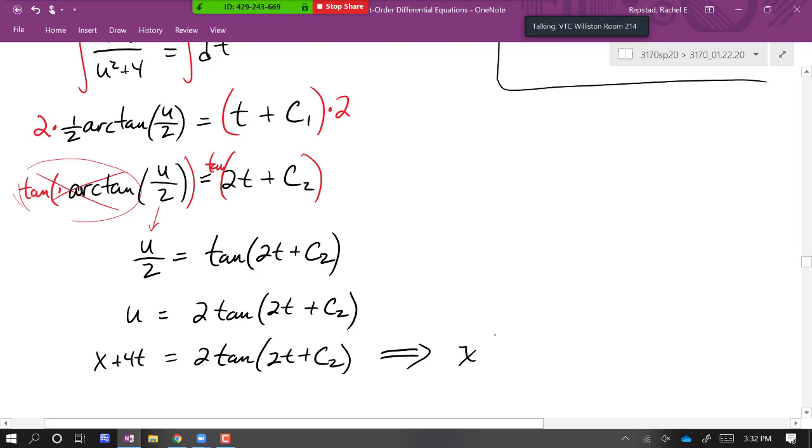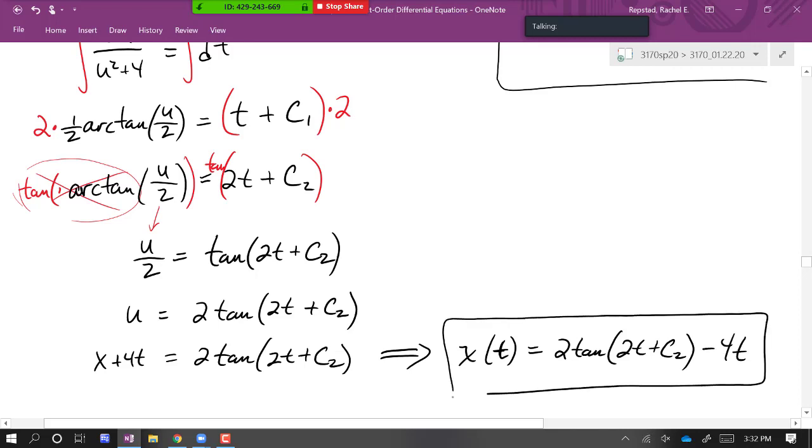So now x of t is equal to 2 tan of 2t plus C2 minus 4t. Fun? Mostly.